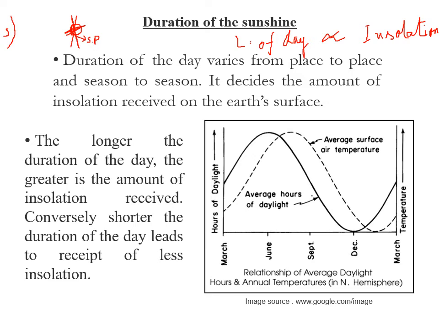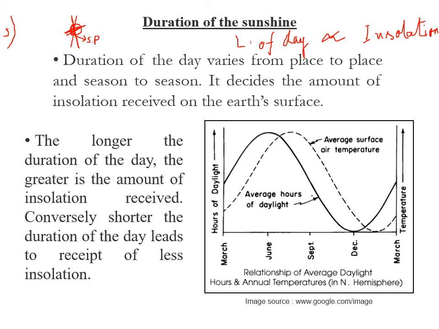So you can understand that the larger the daytime, the larger the amount of insolation energy received by the earth's surface, and that will affect the climatic condition of the earth more and more.